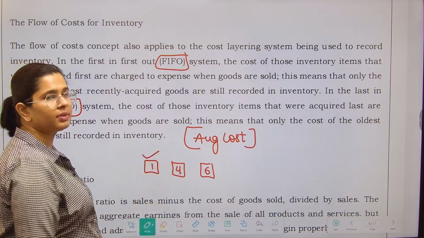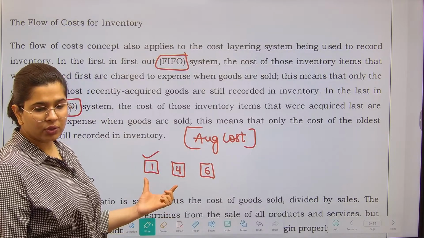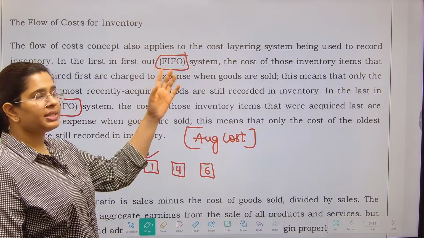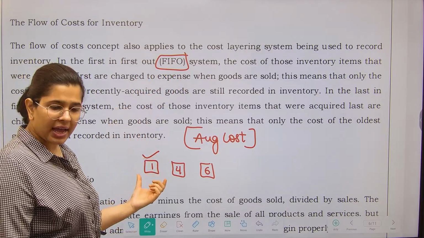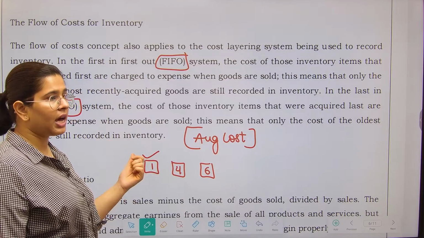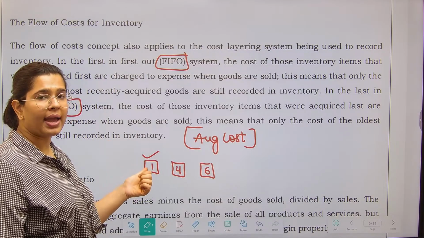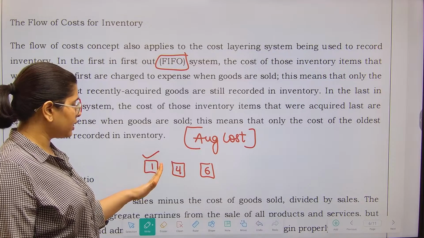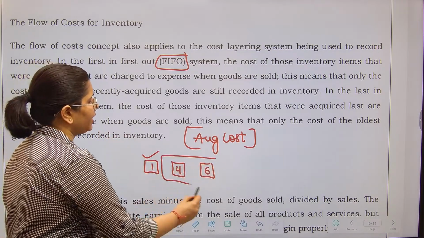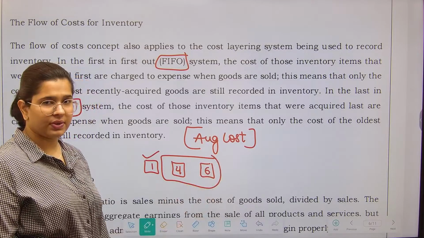This one. ठीक है. So मैं कैसे count करूंगी? How will I do the valuation of my inventories? First in, first out. जो पहले आया वो पहले गया. So this came first to me. Now I am going to give this to my customers first. So this is out. Now I have to do the valuation of the remaining two. This is first in, first out.